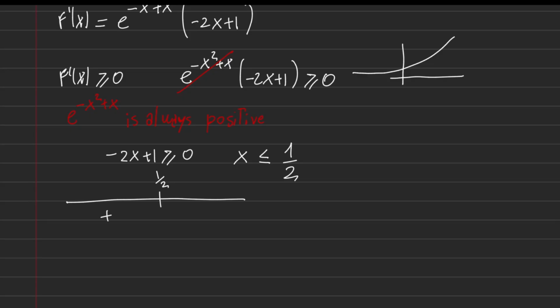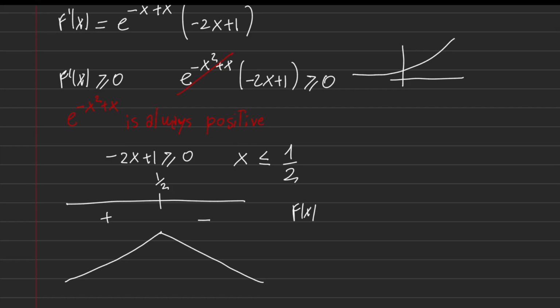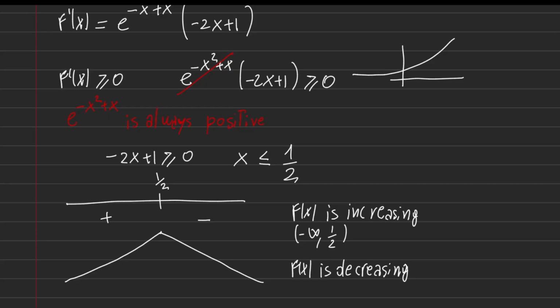So we have a plus sign here and a negative sign there, which means that we are going to have a function increasing and then decreasing afterwards, which means that f of x is increasing between minus infinity and 1/2, and f of x is decreasing between 1/2 and plus infinity.